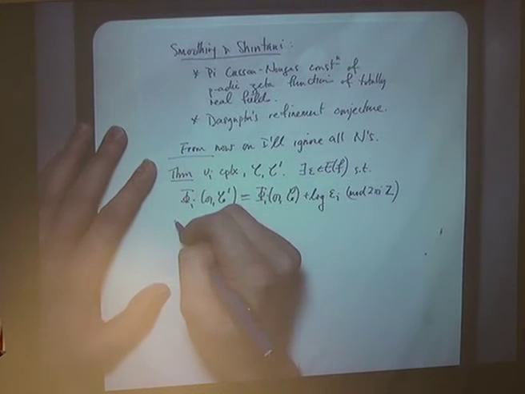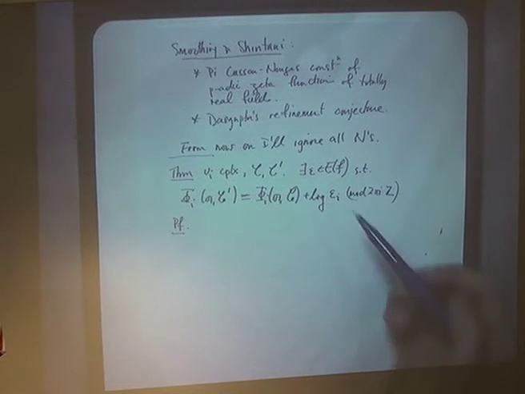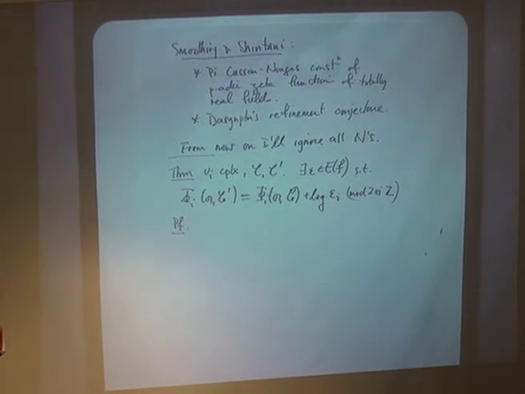Let me give an indication of the proof of this, because it might seem surprising that a global unit is intervening here. Let me show you where that comes from.